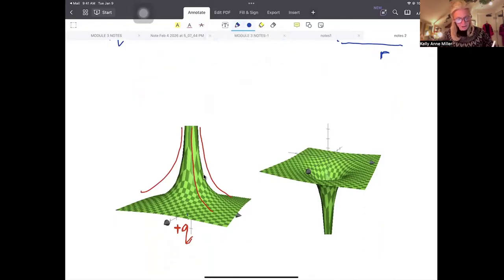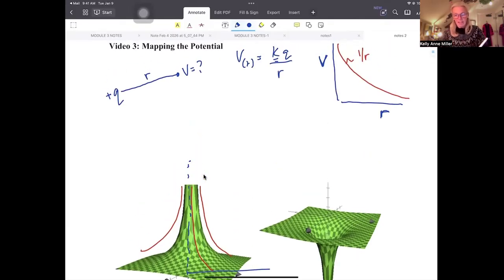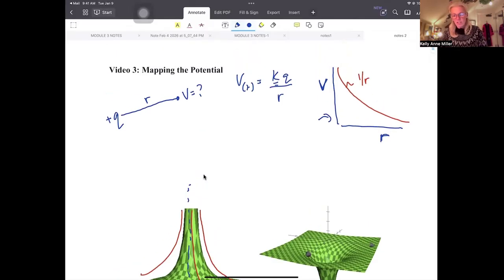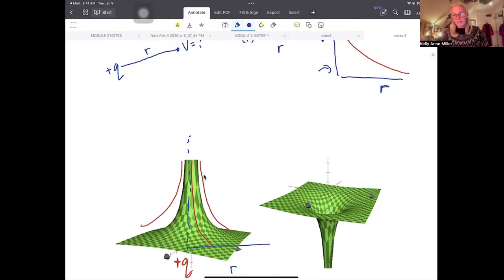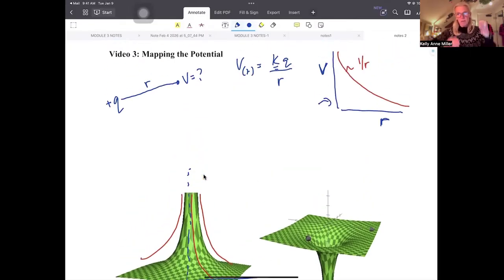And then as you go away from the charge, so this would be r, the potential gets smaller and smaller and smaller, like what we see in this function here. Basically these green contour maps are the same as the function 1/r, but plotted everywhere in space.